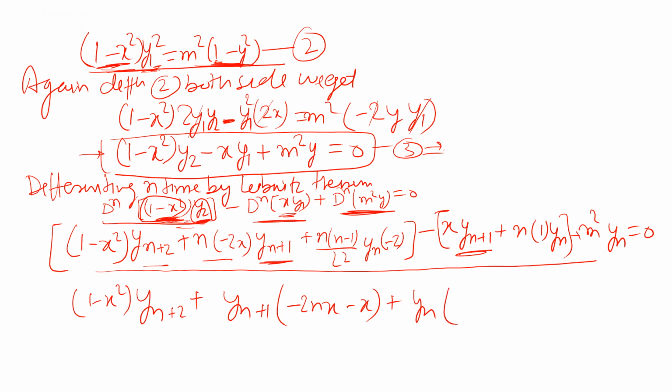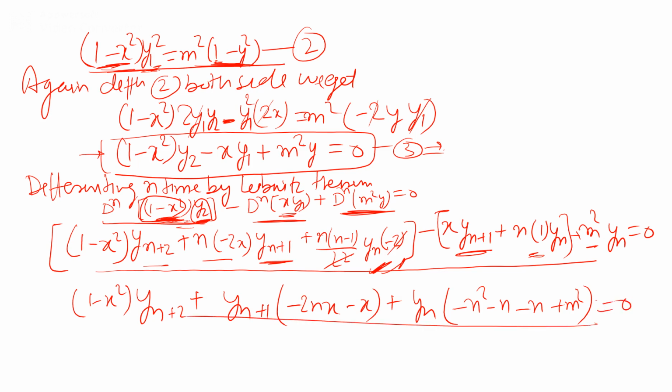When you take yn, the 2 is cancelled, so we get minus n square minus n from that term, and here we get minus n and plus m square, and we write yn is equal to 0.